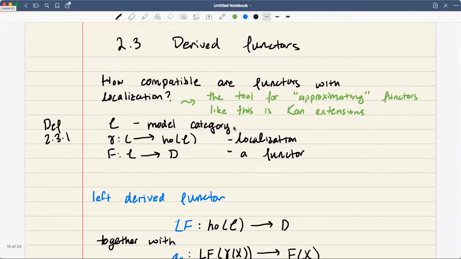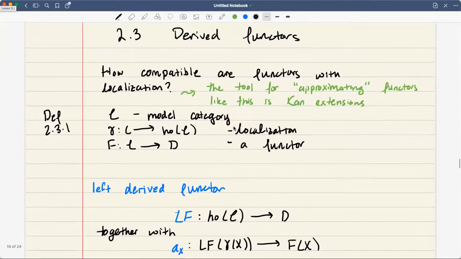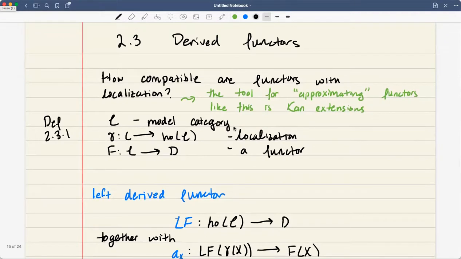How compatible are functors with localization is the first question we could ask. Anytime you see the setup of a question like this, we have a functor from here to here, and we also have a functor from the domain category to somewhere else.